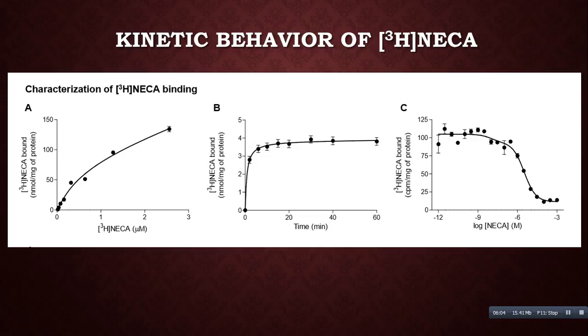In figure A, you can see that as the concentration of H-NECA increased, so did the binding to the A2B receptor. Figure B is showing that an equilibrium occurs over time, and figure C is indicative of a competitor assay that was performed for an hour. The drop that you see indicates the ligand coming unbound from the receptor.